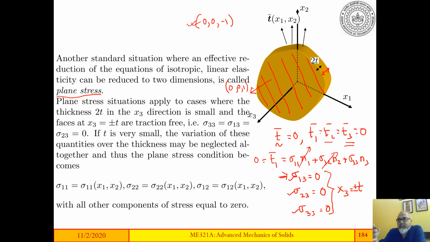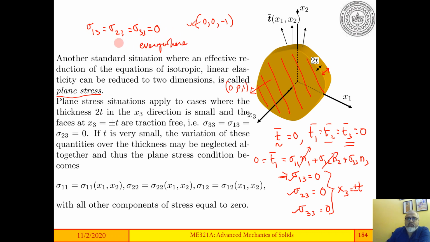Since 2t is a very small number, they have to be continuous functions which start from 0 and end up at 0 very quickly. So as a first engineering approximation for the plane stress case, we can take sigma 1 3, sigma 2 3, and sigma 3 3 to be 0 everywhere.